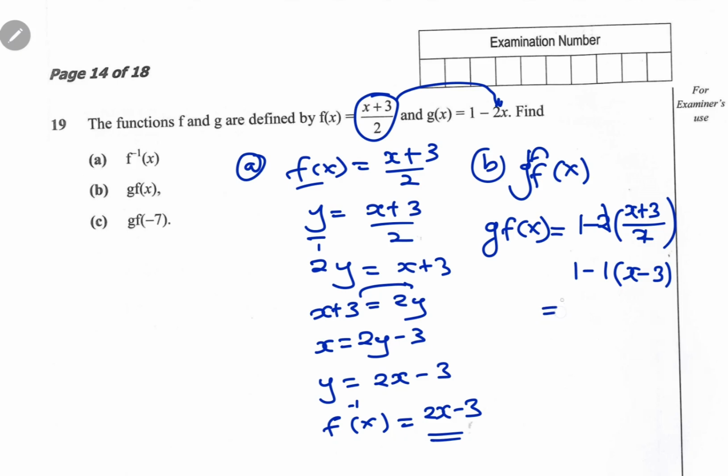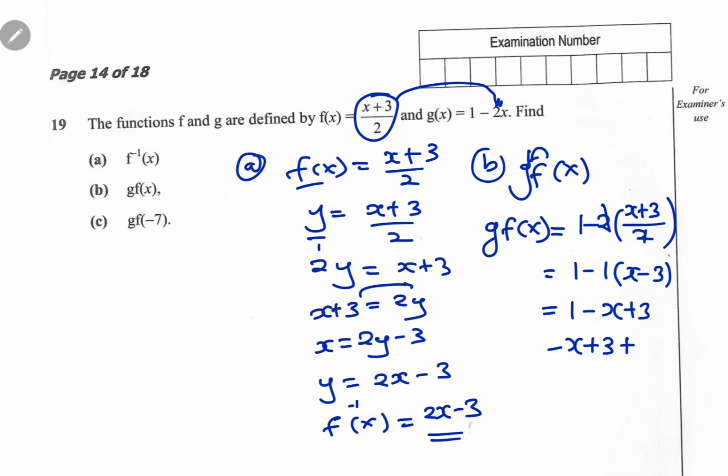So you're going to have 1, negative 1 multiplied by x, negative 1 multiplied by negative 3 plus 3. Bring the like terms. So negative x plus 3 plus 1. Was it plus from the start?